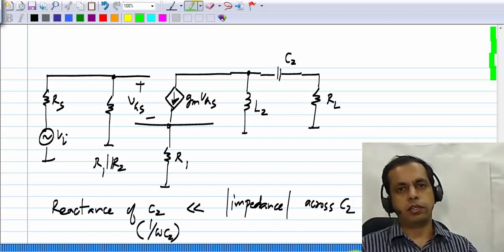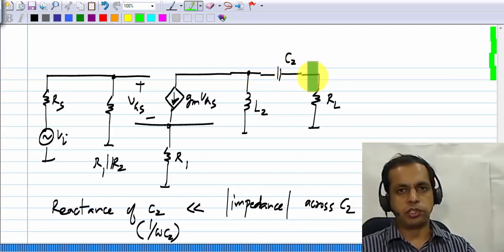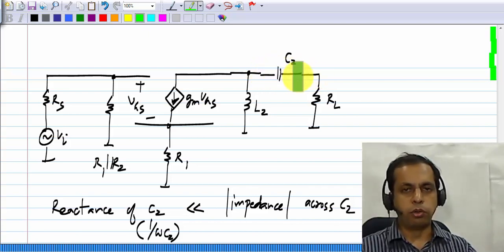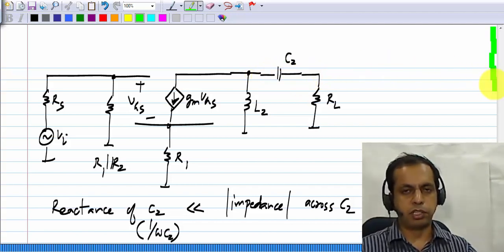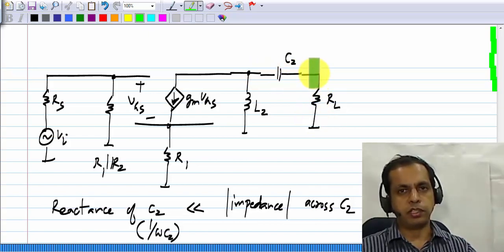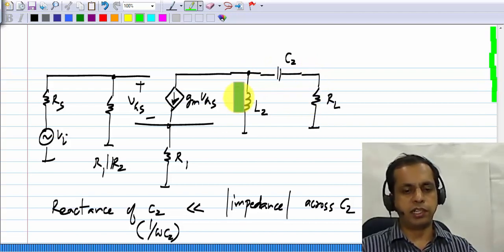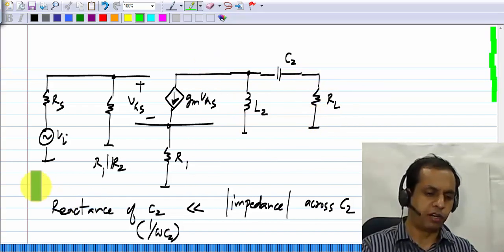We have evaluated earlier in the context of the common source amplifier the transfer function assuming that C2 is a short circuit, and also the transfer function including C2, and we found that if the reactance of C2 is much smaller than the resistance across it, then this condition will be satisfied and you will get the same output voltage and of course the same output current in this case, whether you have C2 or whether you replace it with a short circuit. In this case I am generalizing it to impedance because across C2 you have L2 and a resistance RL. Okay. Now all of this part of the circuit drops out.